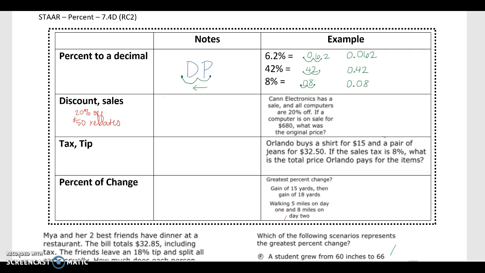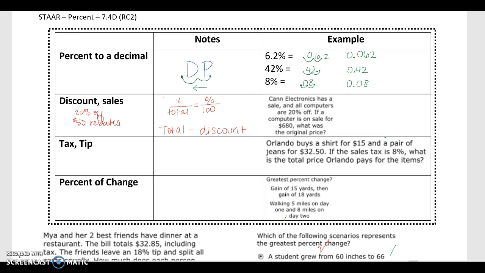If they say it's 20% off, you're going to do the percent over 100, and you would do X over your total to get your money off. And for discounts, you're always going to subtract them from the total. So you would do total minus the discount, because if you have a discount or a sale, you're going to pay less money.